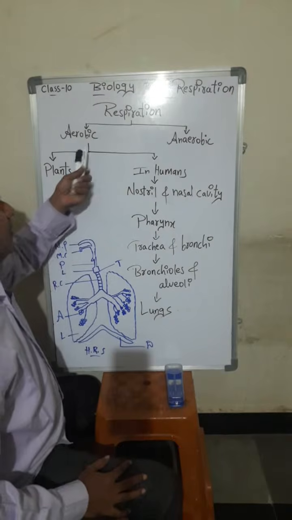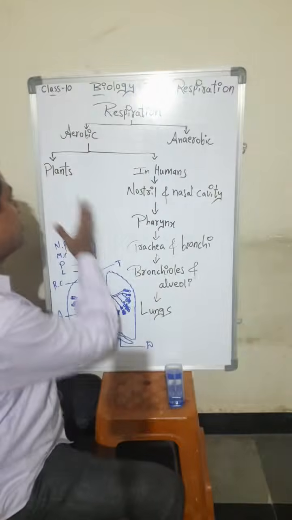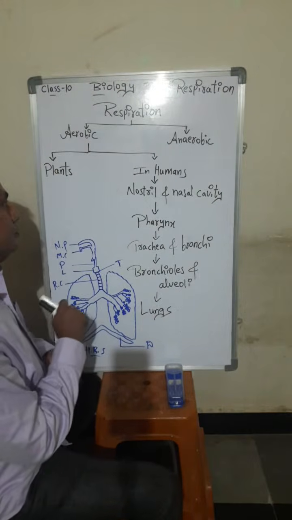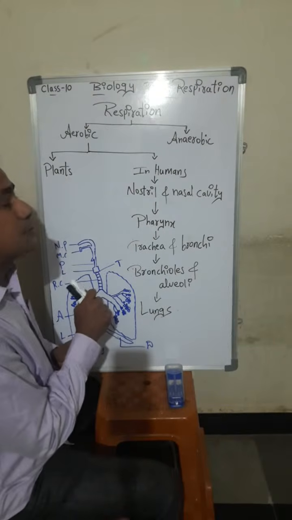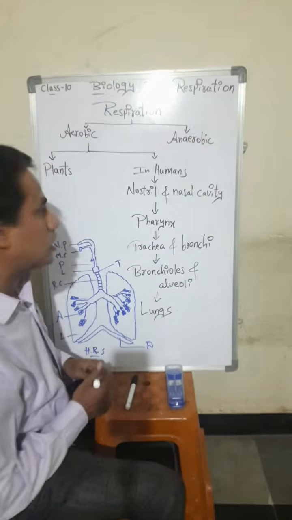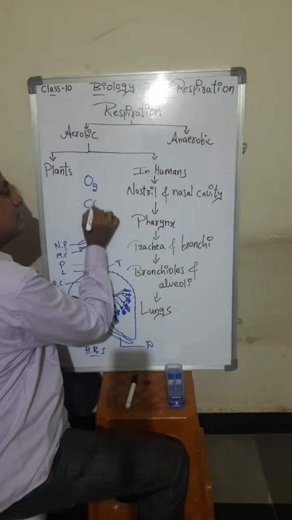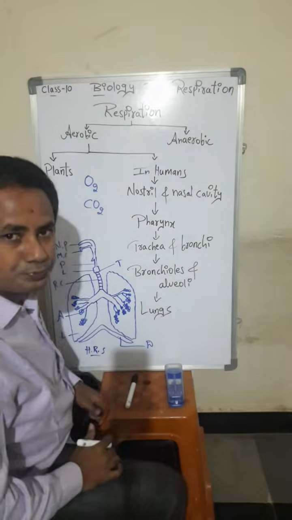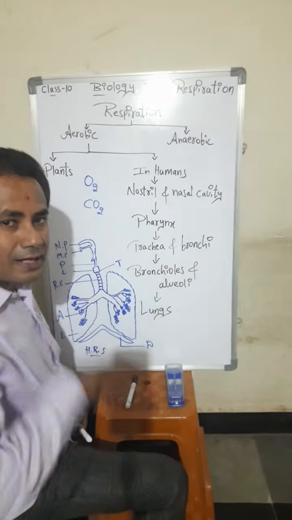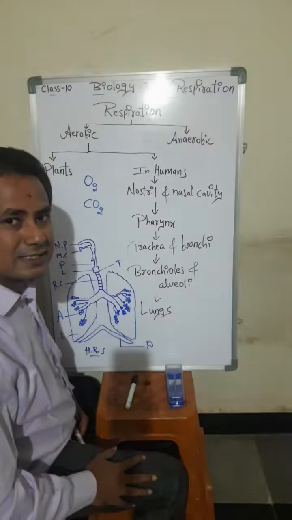So today, aerobic respiration in detail. In your class 10 they have given respiration in plants and respiration in humans. So plants respire day and night, students. Continuously they respire, and they need oxygen and they release carbon dioxide. Up to here you know that plants take carbon dioxide and release oxygen during photosynthesis.